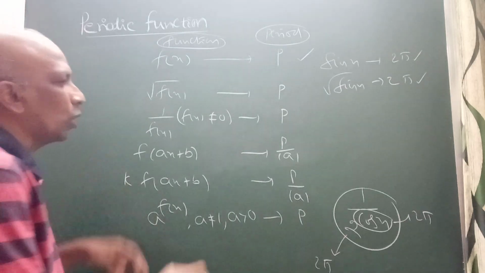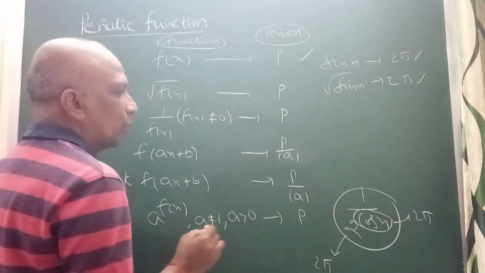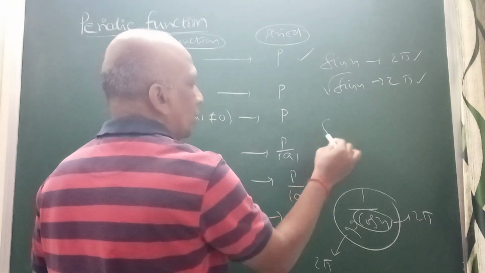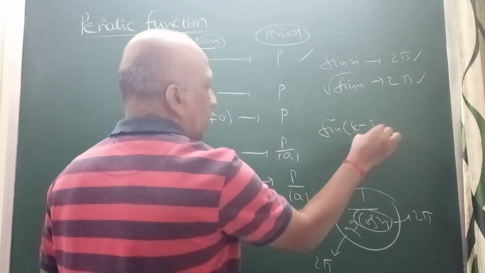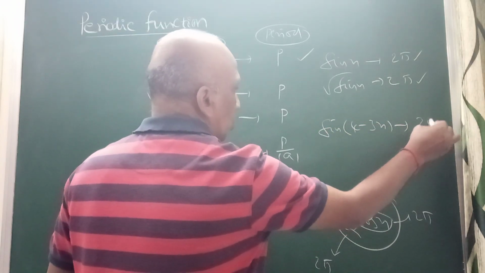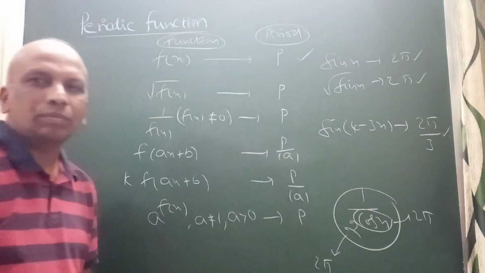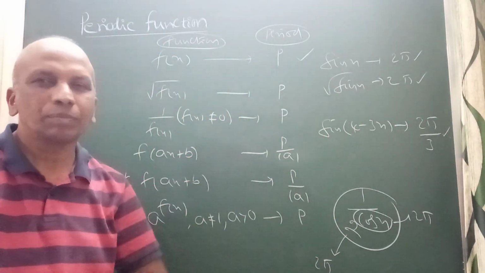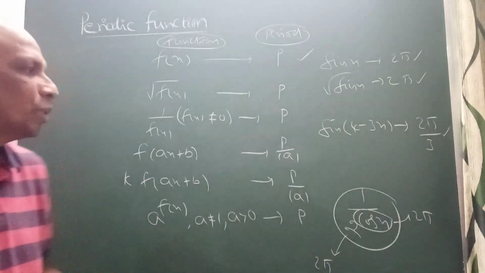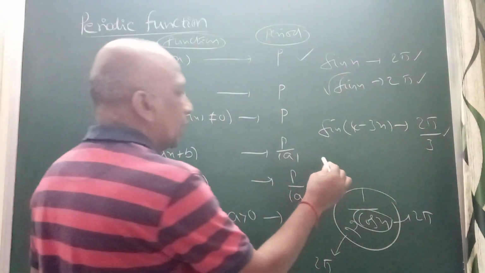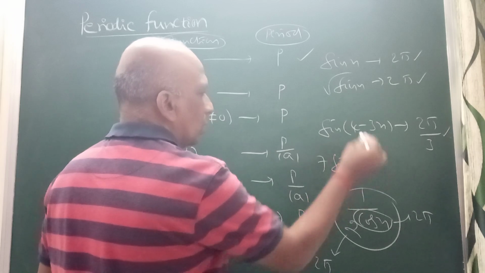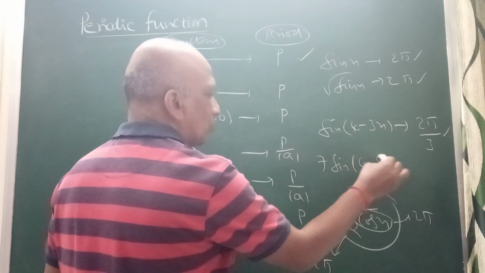For example, they are talking about f of ax, period p by mod a. Sin x is 2 pi. When they are talking about sin of 4 minus 3x, what is the period of this? 2 pi by mod minus 3, it will be 3. So 2 pi by 3. Suppose they are talking about 7 sin of 4 minus 5x.